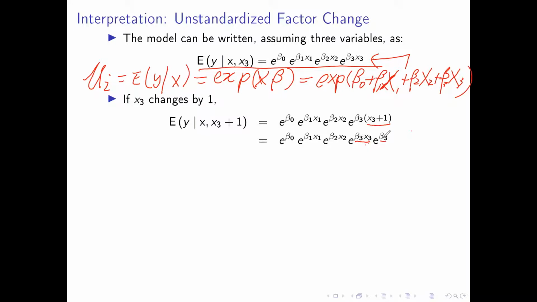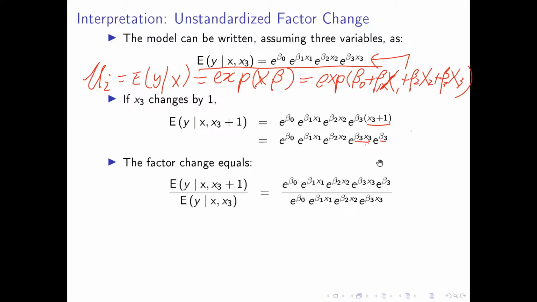Already in one of my previous videos, I talked about the basic properties of exponential functions, and I'm not getting into that kind of basics. And next, what I'm going to do is take a ratio of these two expected rates or expected counts, right?